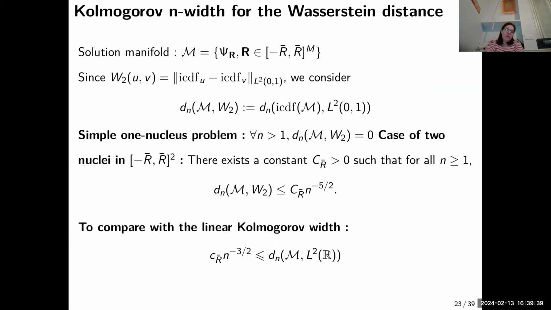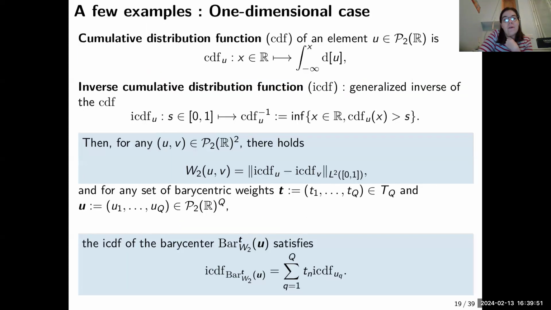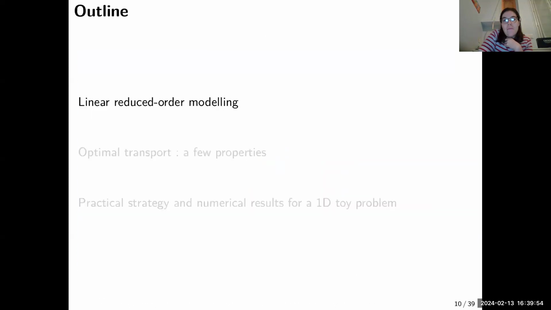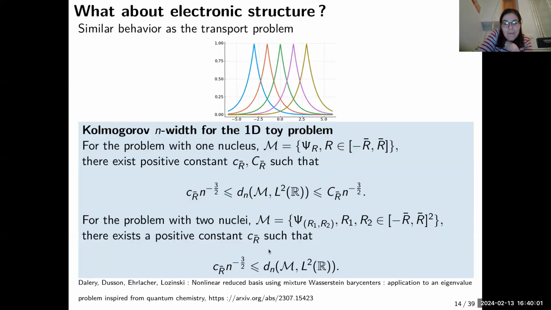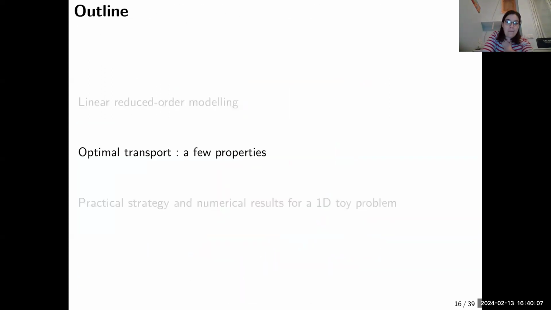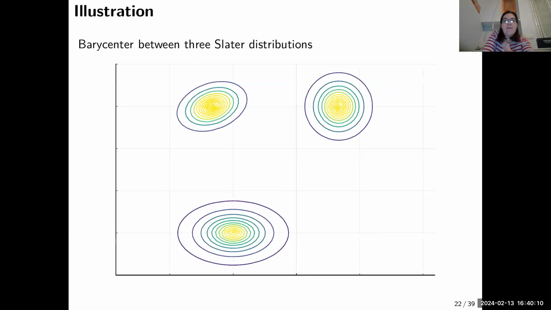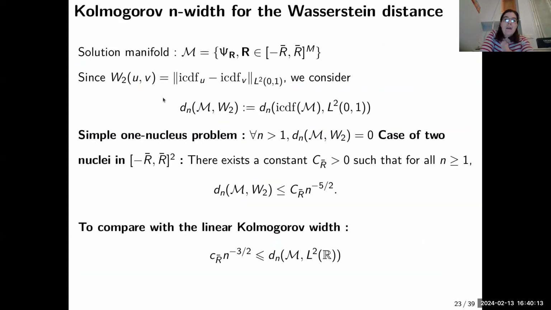Instead of considering the Kolmogorov n width of the solution set of my parameterized eigenvalue problem with respect to an L2 metric, as I did previously when I mentioned linear reduced order models, one can ask whether I can have a better decay of a similar quantity, but this time defined by means of this Wasserstein metric instead of the L2 metric.